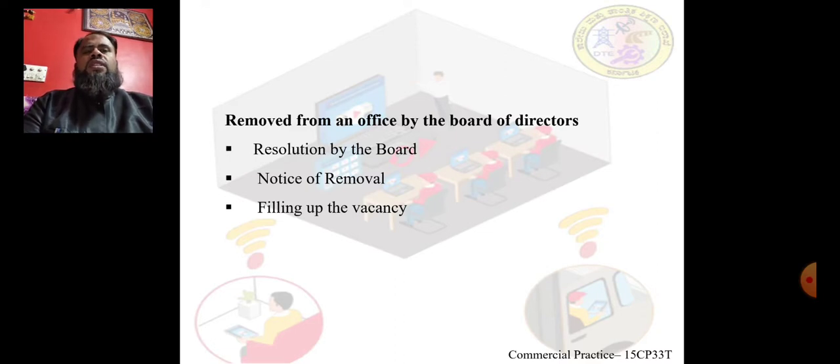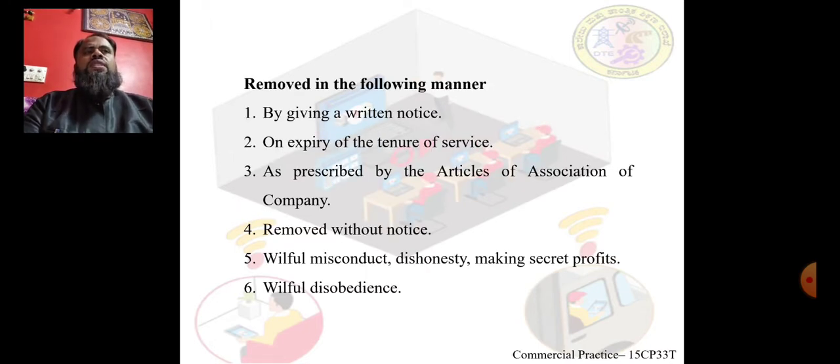And the last one is the filling up of the vacancy. After the termination, whatever vacancies result can be filled by the board of directors at a meeting within 6 months from the termination. This is the procedure for the removal of the company secretary.